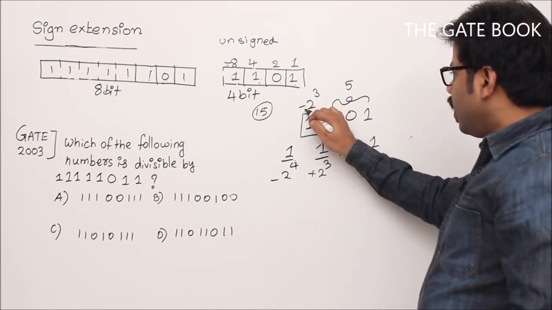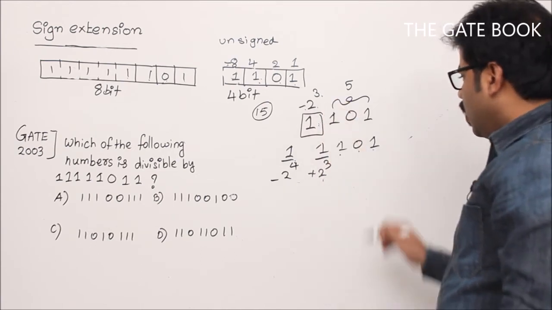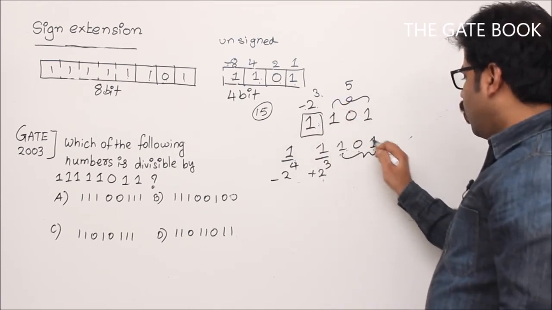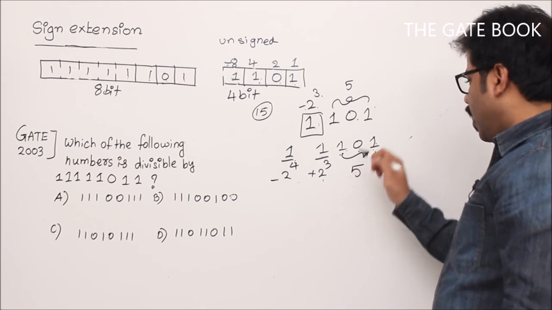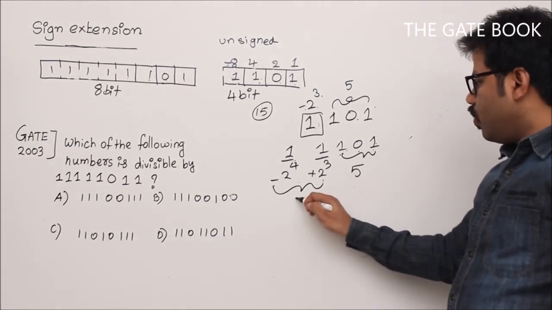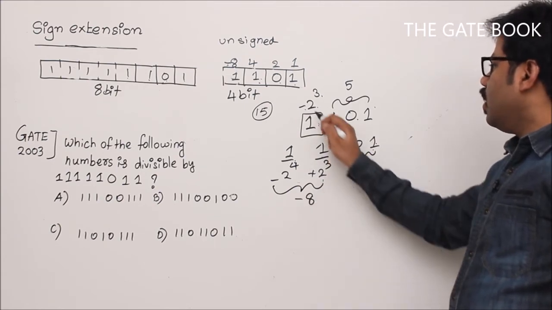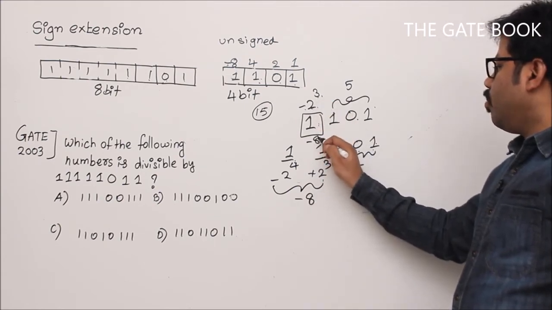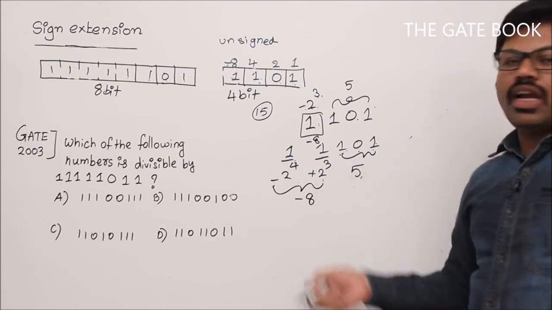It used to have minus weightage, but here positive weightage. The remaining 101 won't get affected, you get 5, same calculation. So minus 16 plus 8 is minus 8, and here minus 8, plus 5 and here also plus 5, so there will not be any difference.